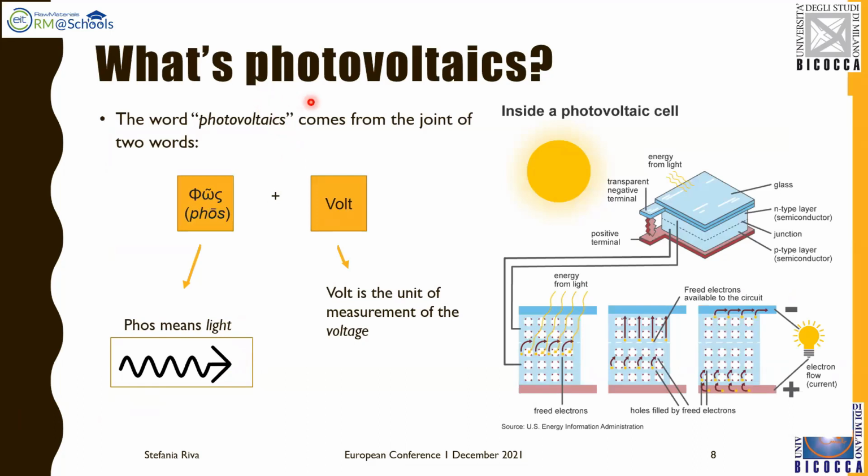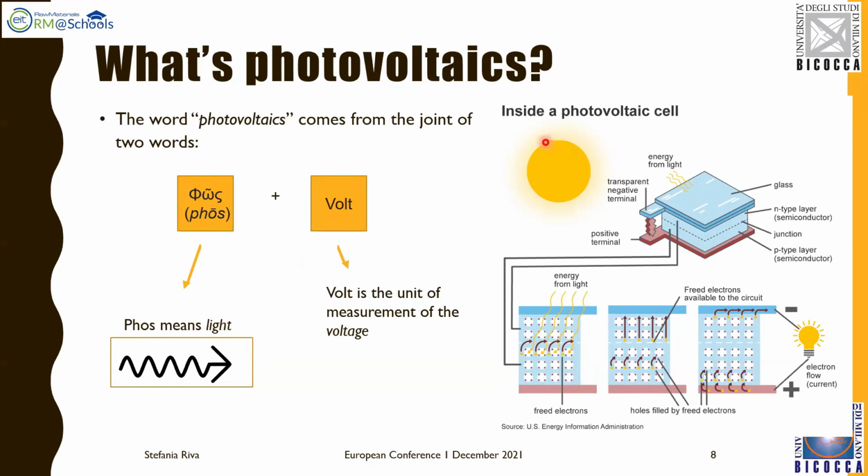And if we want to look better at the word photovoltaics, we can see that it can be divided in two parts. The first part comes from the Greek word phos, and it means light. While the second part comes from the word volt, which is the unit of measurement of the voltage, and this is related to the electric field and so to the electric current.